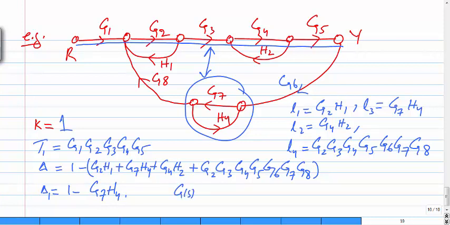Let me change the color. G of S equal to T1 lambda 1 divided by lambda.